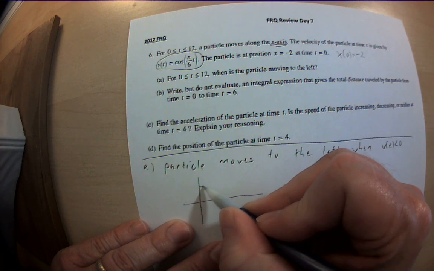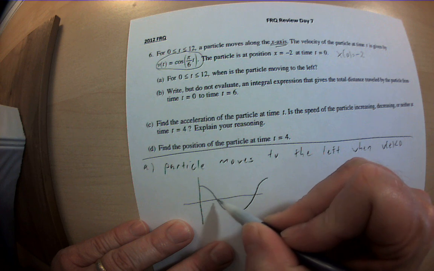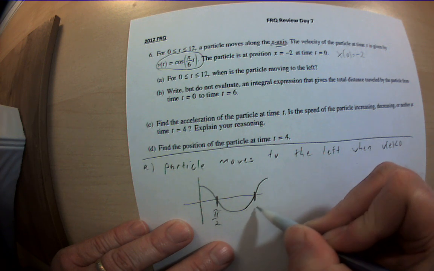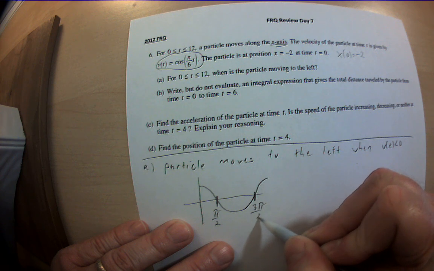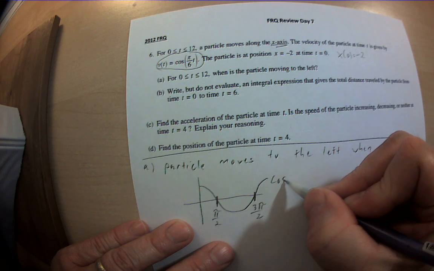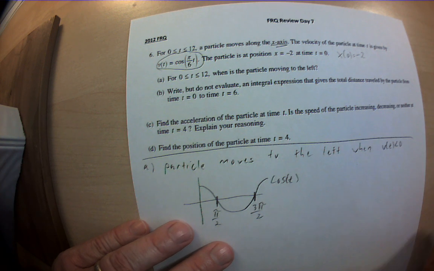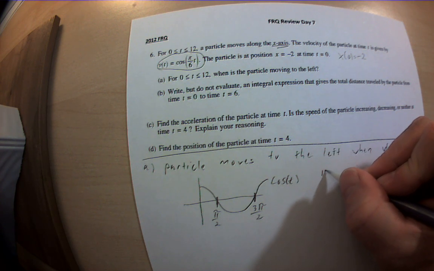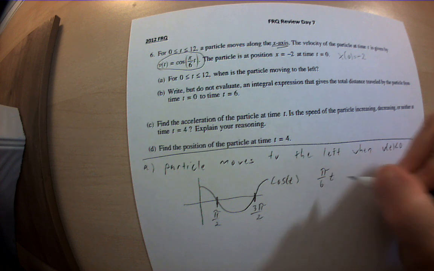Well, I know the cosine function looks like this. That's pi over 2, and that's 3 pi over 2. So that's cosine of t. Now, it's not cosine of t, it's cosine of pi over 6 t.